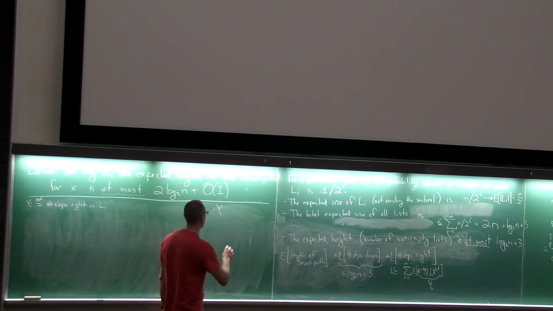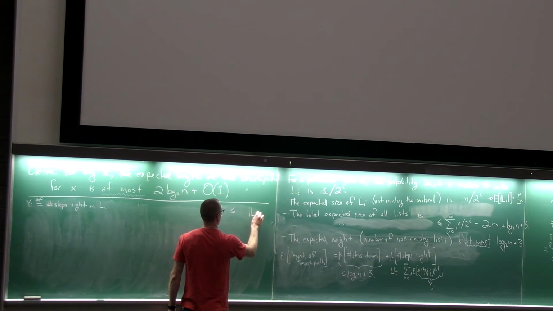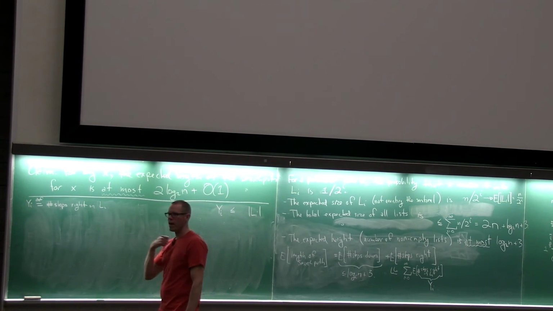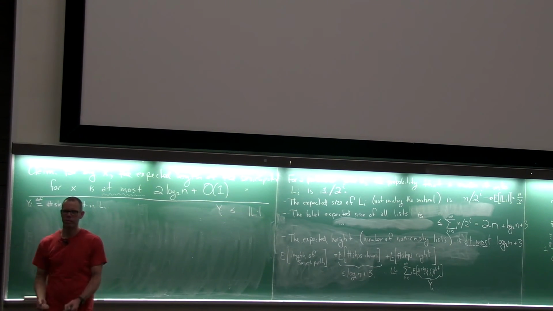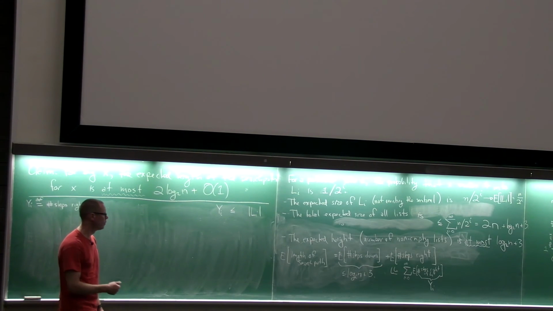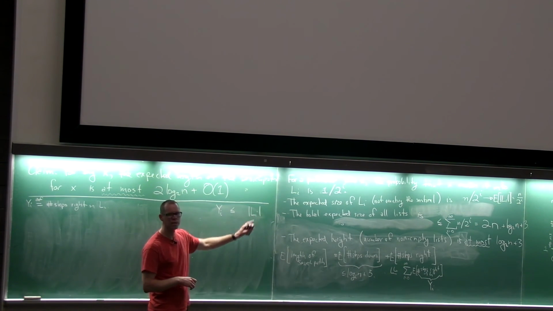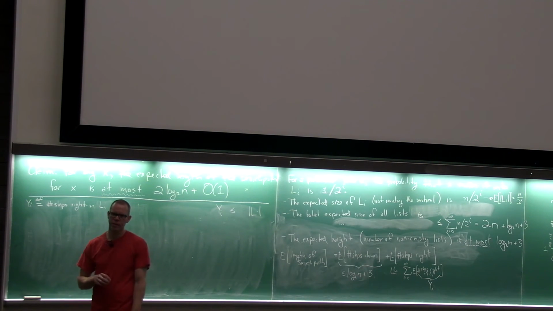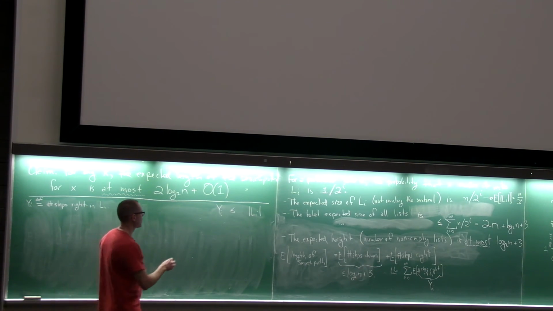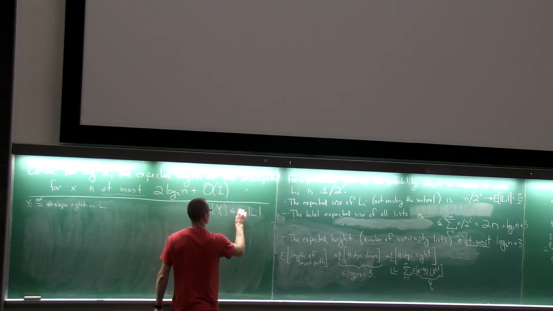Yeah. If I'm in a list Li, I can't take more than the size of Li steps to the right. More than that, and I get past the end of the list. That would be following the null pointer. So Yi is less than the size of the list Li. That's the same sort of trivial one that we used before.